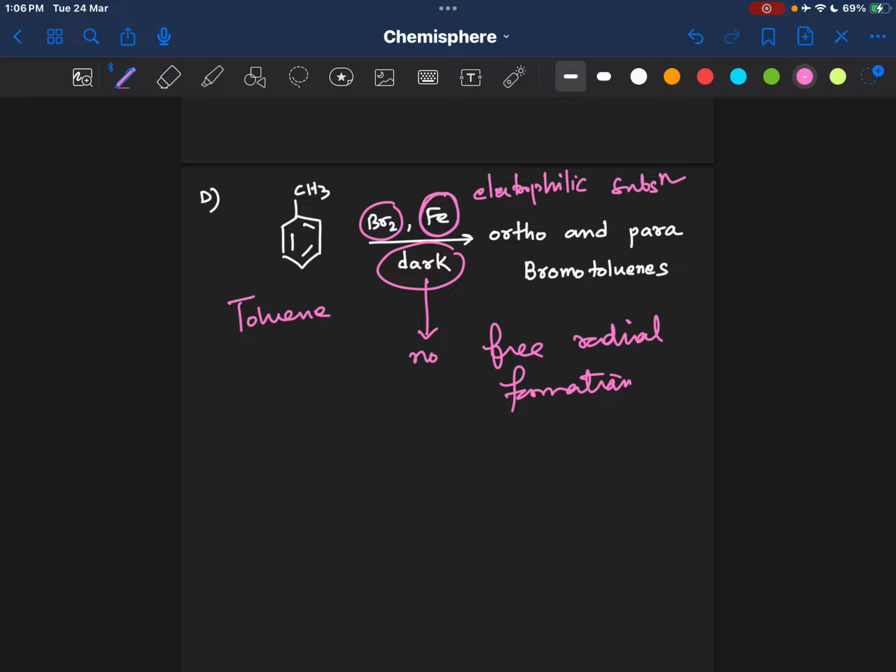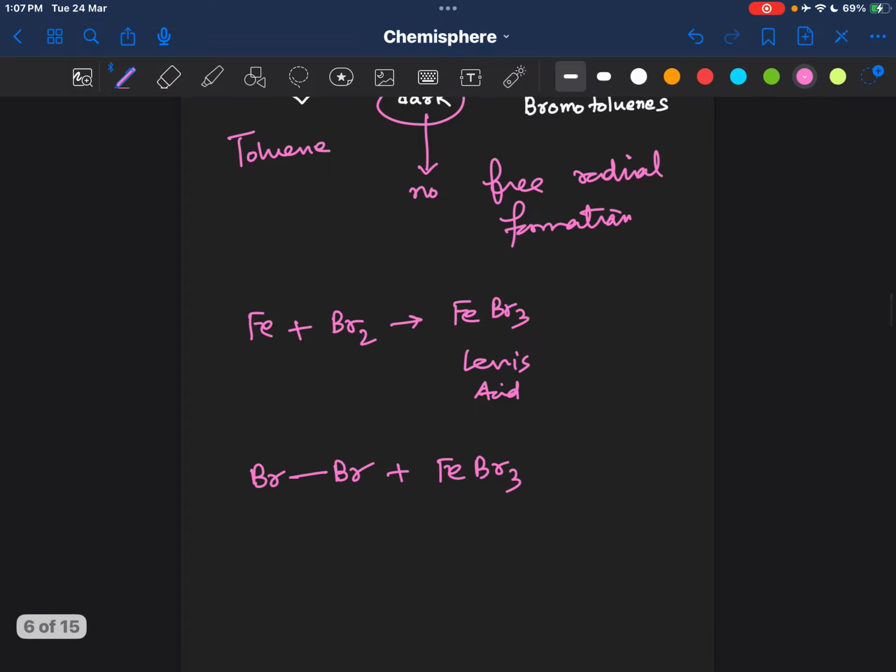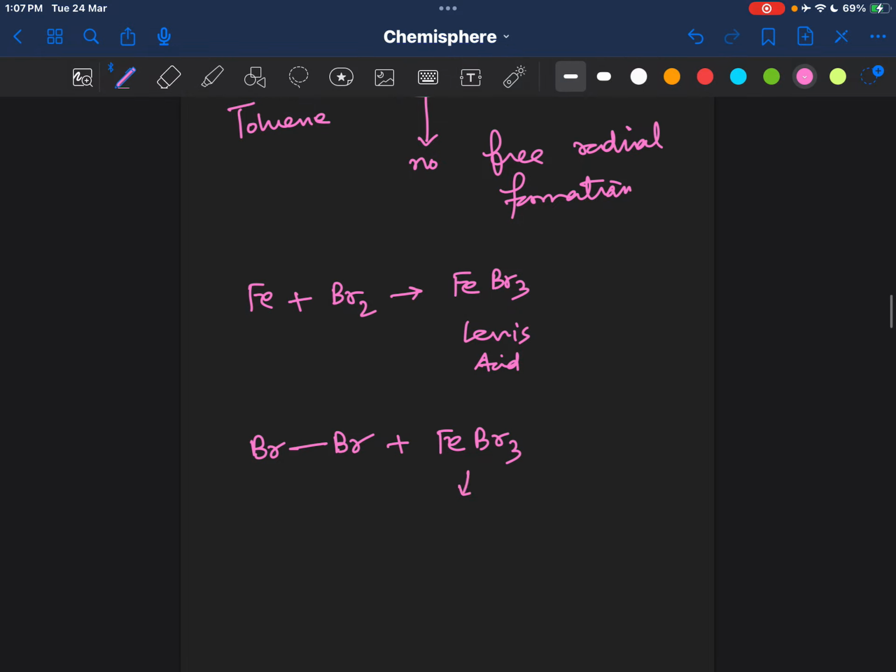Because iron can react with Br2 to form FeBr3, which is a Lewis acid, and this FeBr3 polarizes the excess Br2 molecules, creating poles to result in the formation of a complex like this.